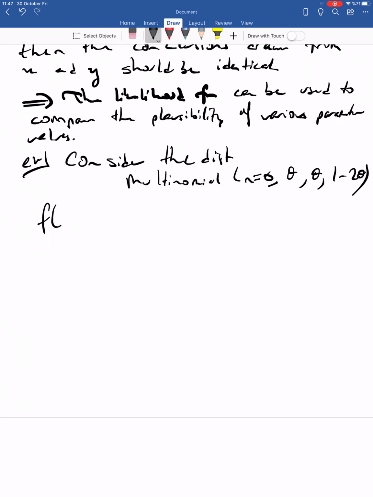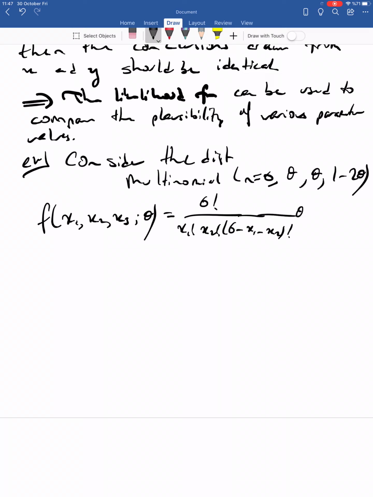So we have three values, x1, x2, x3. This is the PDF: 6 factorial over x1 factorial, x2 factorial, (6 minus x1 minus x2) factorial, times theta to the x1, theta to the x2, and (1 minus 2 theta) to the (6 minus x1 minus x2).